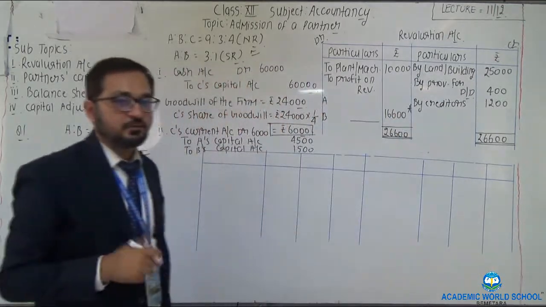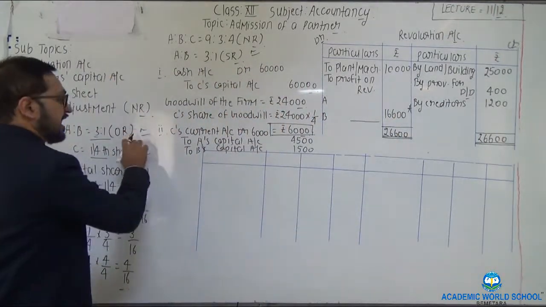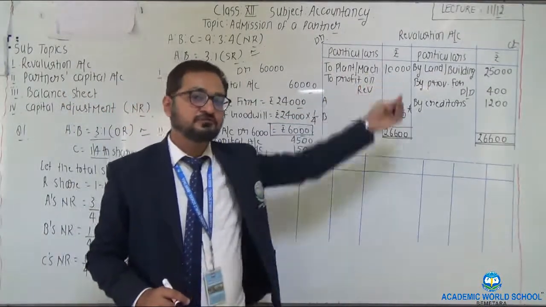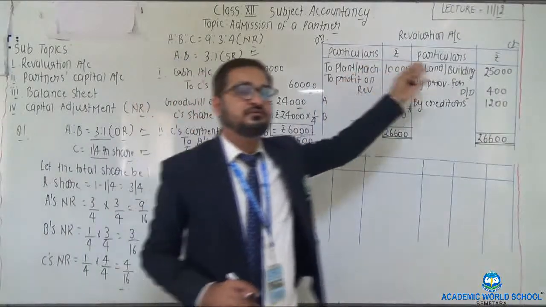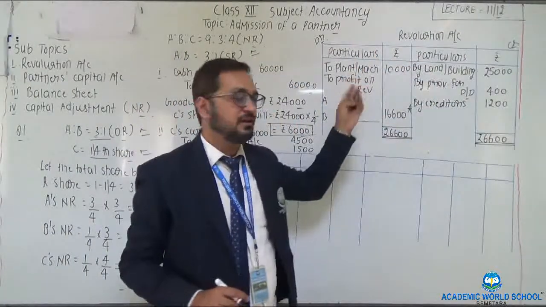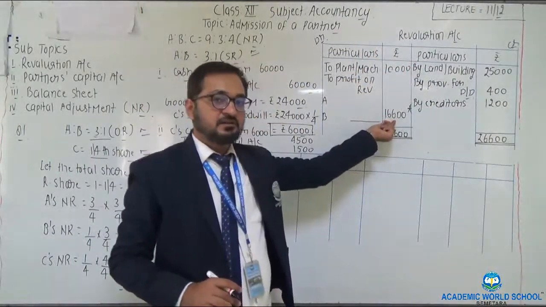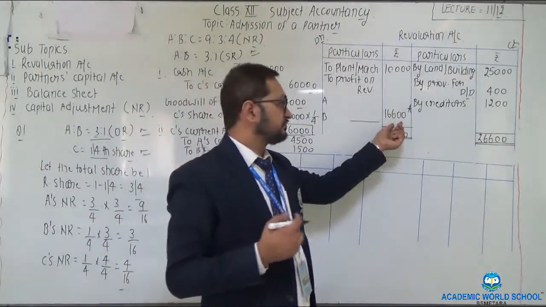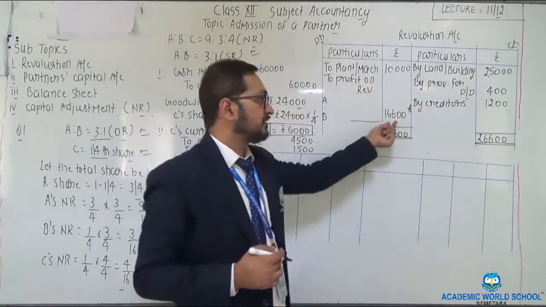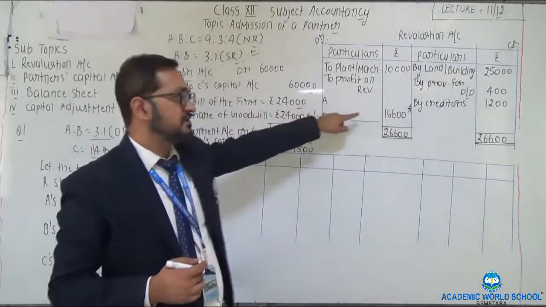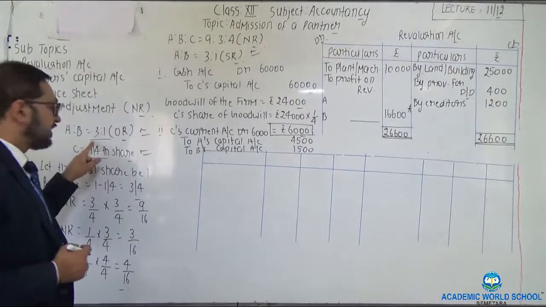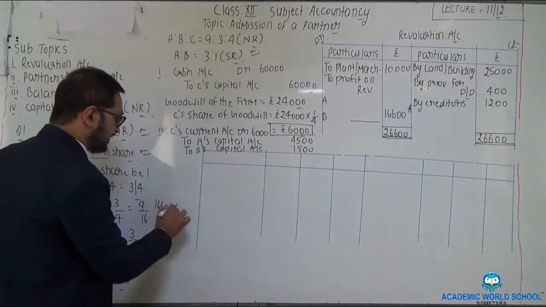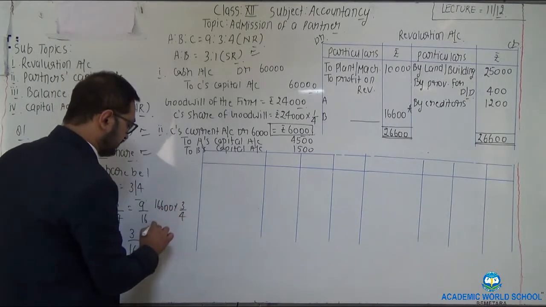16,600 is to be distributed in which ratio? Old ratio, as revaluation is made for the purpose of profit and loss, which is enjoyed or suffered by old partners only. So 16,600 profit is to be gained by old partners in their respective old ratio, which means 16,600 into 3 by 4.